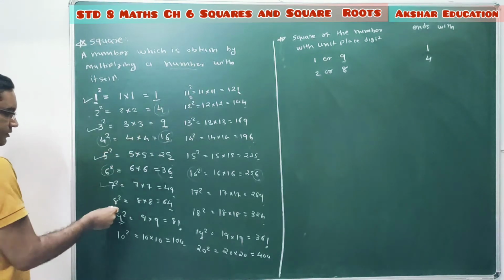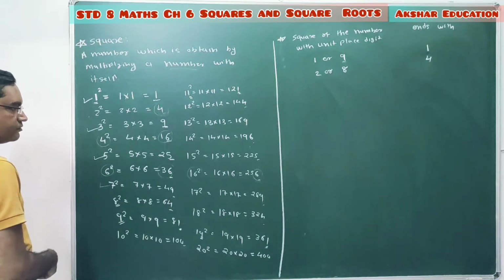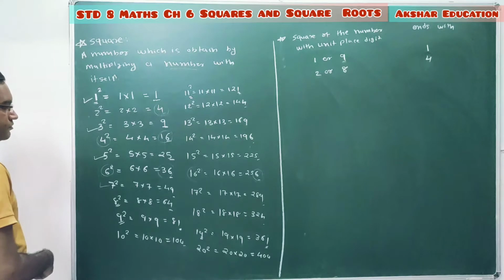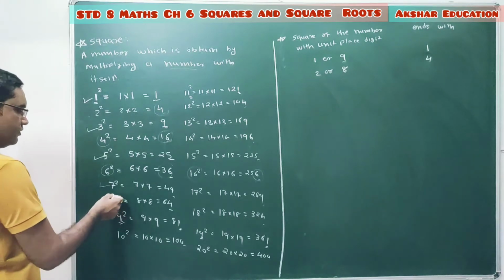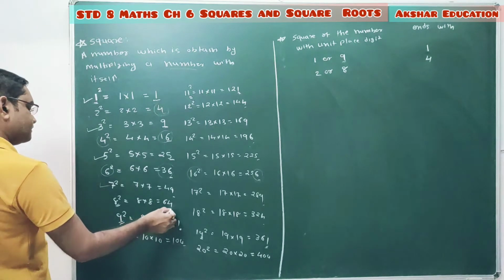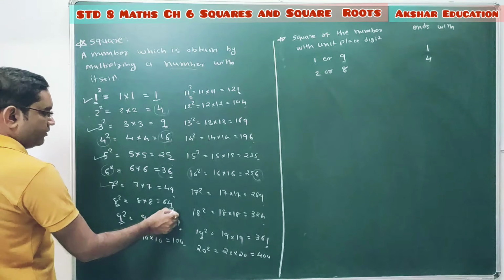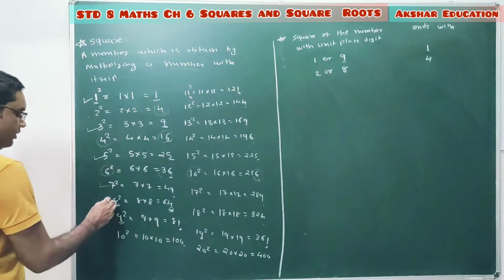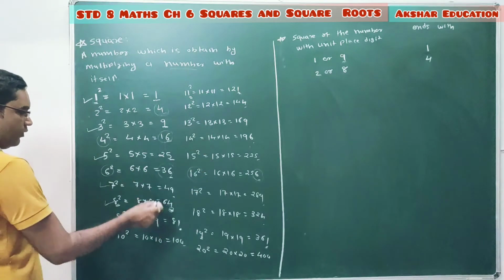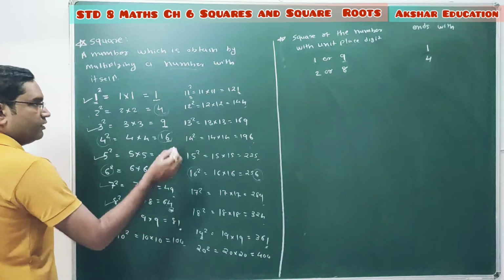For example 8 square is 64. So here the unit place digit is 8 and the square of the number is 64 whose unit place digit is 4. So a number with unit place 8, whose square ends with the number 4.